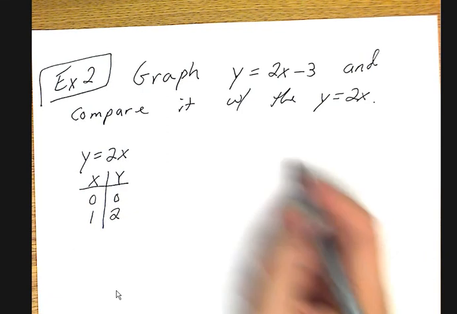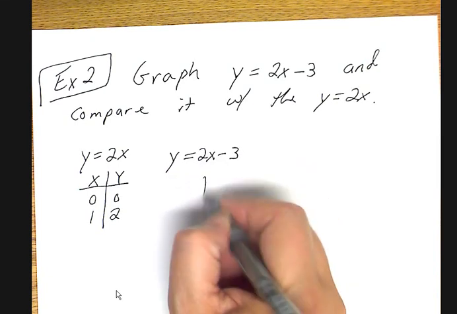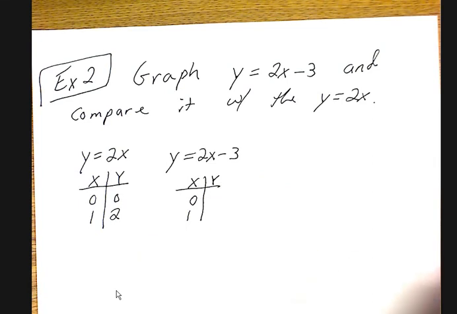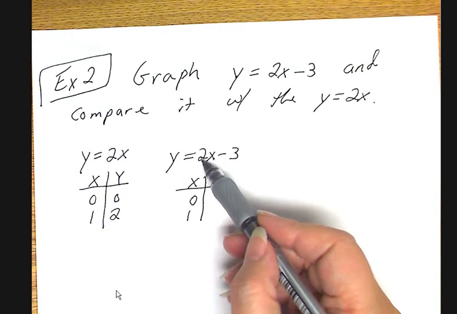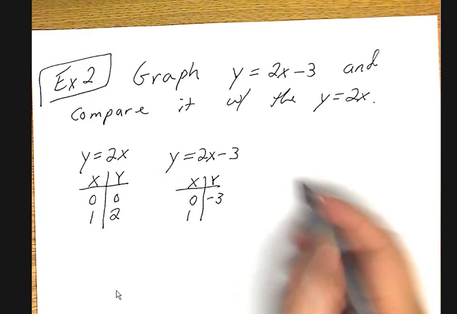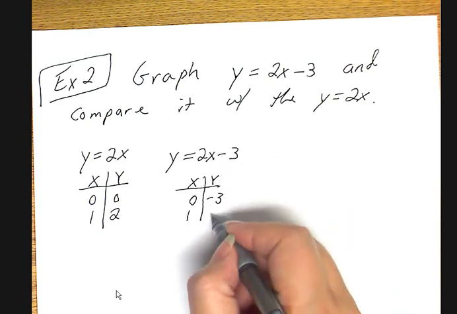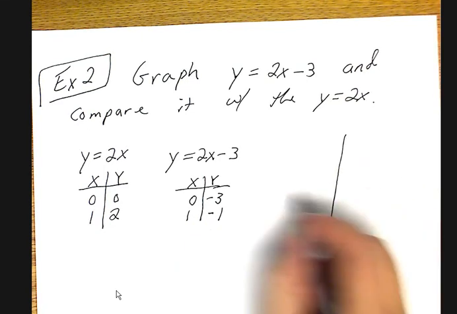And then I have y equals 2x minus 3. And I'll pick the same points, 0 and 1. 0 times 2 is 0, minus 3 is -3. 2 times 1 is 2, minus 3 is -1. So we're just going to plot these points.